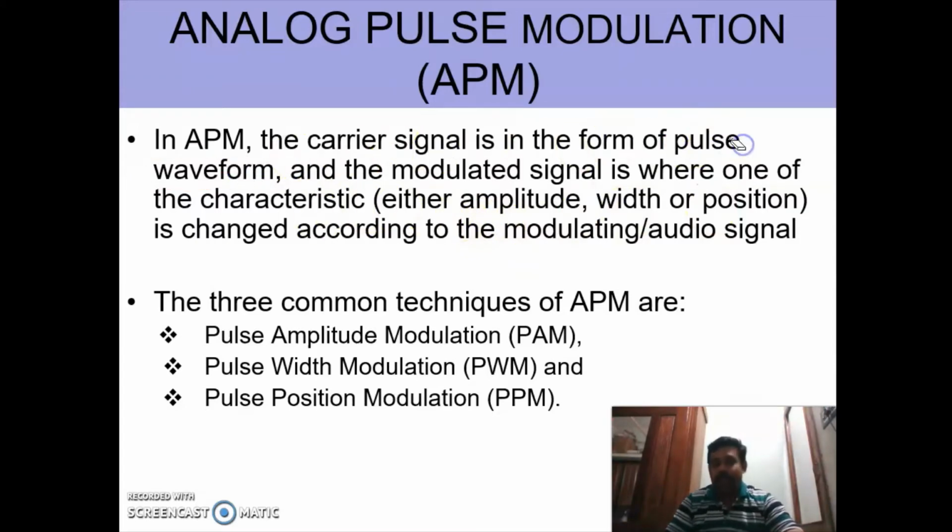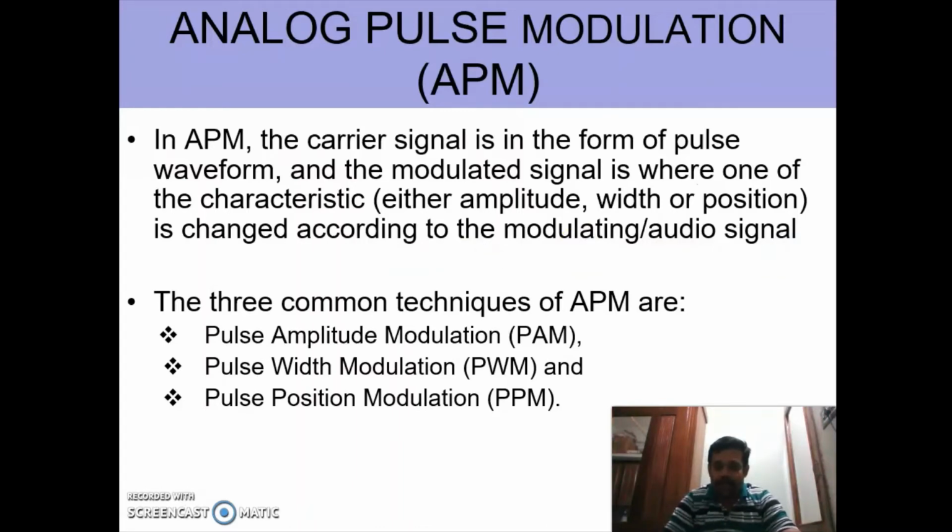So actually what you are doing here is, the carrier is a pulse. You are changing the amplitude, position, or width of the carrier signal in accordance with the modulating signal, and then you will get the pulse modulation.